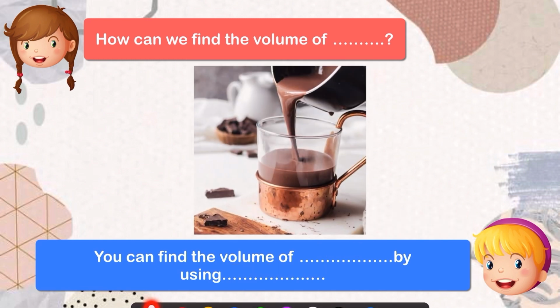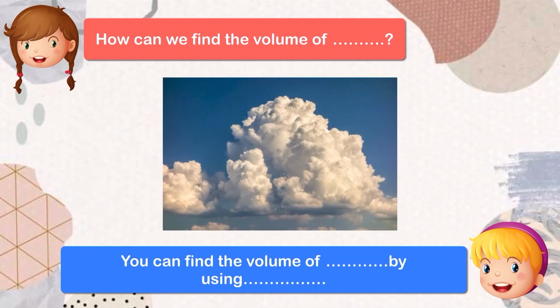How can we find the volume of hot chocolate? Again, what state of matter is hot chocolate? Hot chocolate is liquid, right? So, you can find the volume of hot chocolate by using a cylinder. What about air? How can we find the volume of air?